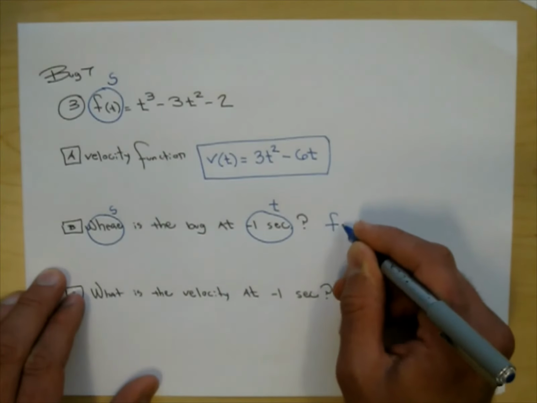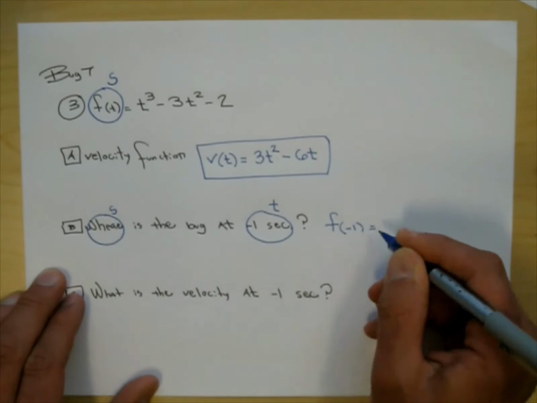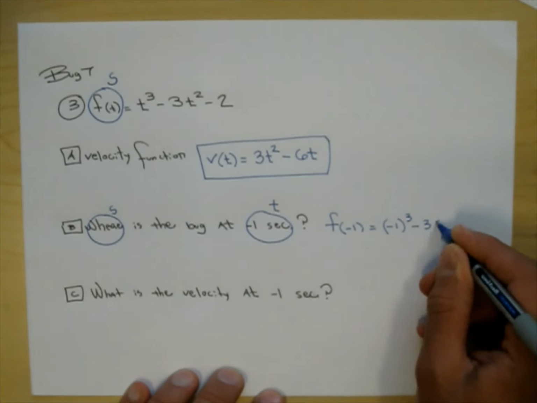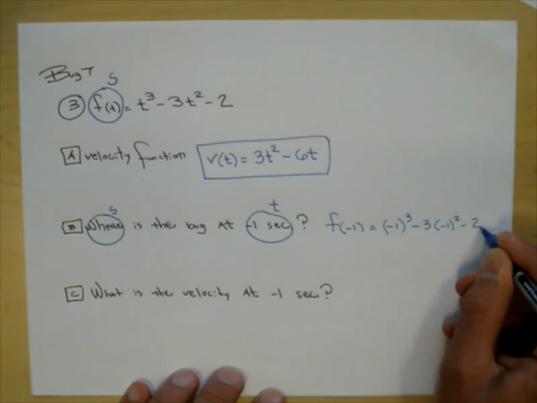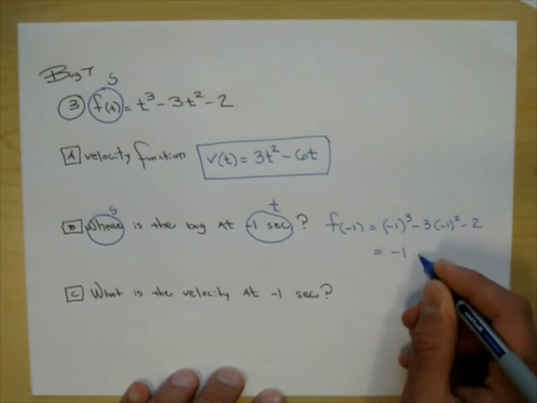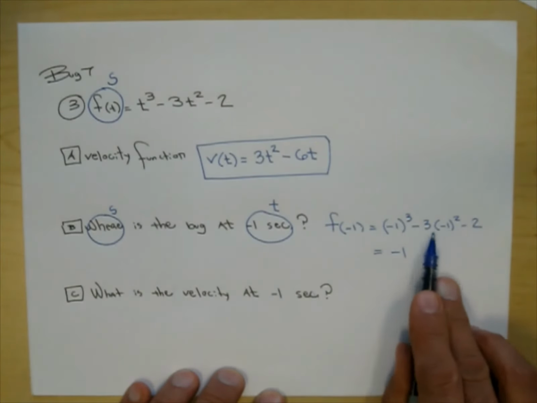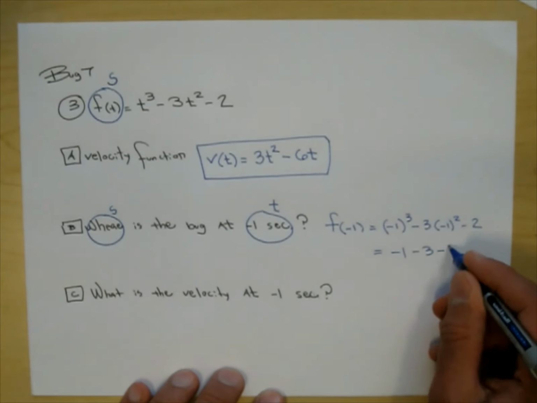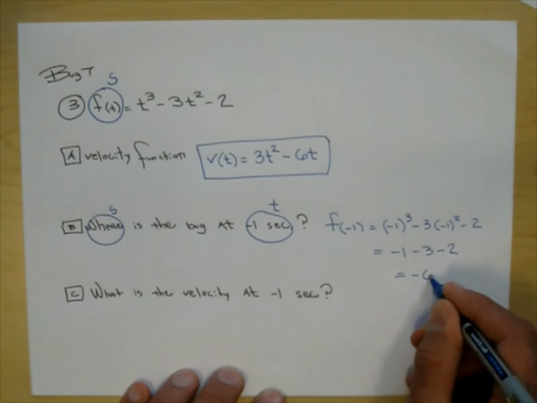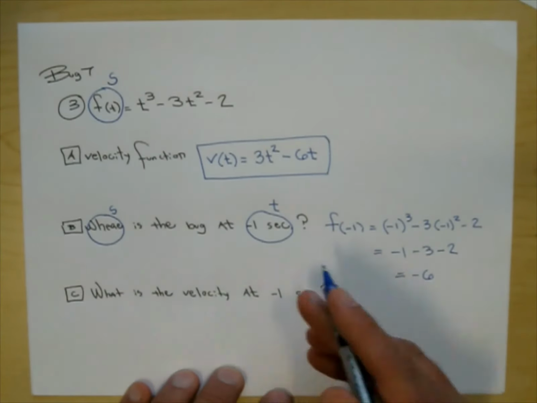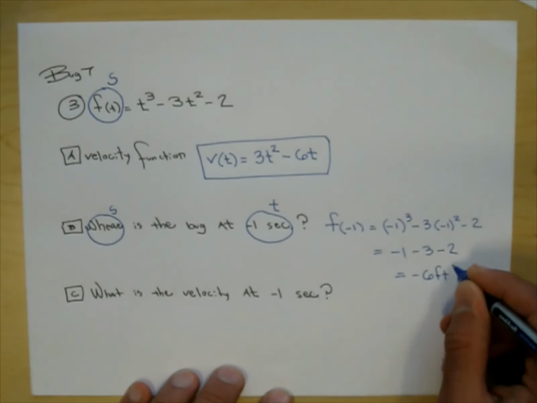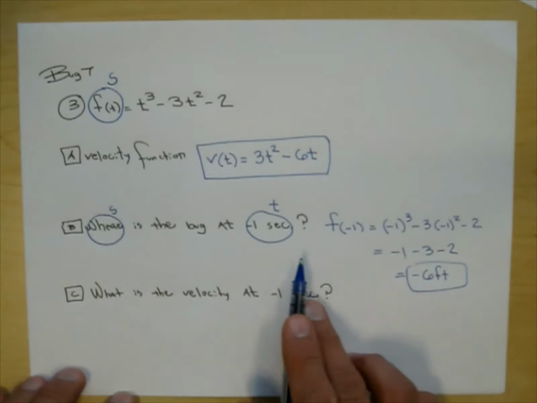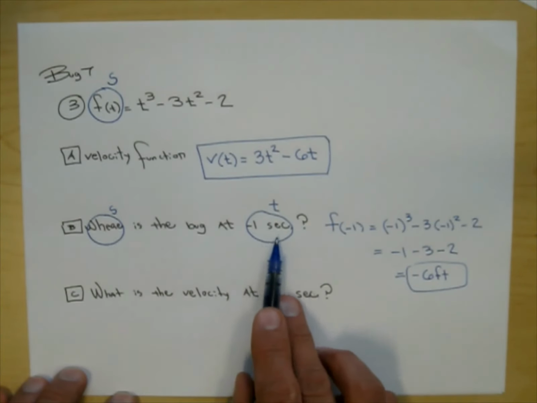So f of -1 is -1 cubed minus 3 times -1 squared minus 2. So this is -1. That's +1. So this is going to be -3 minus 2. So this gives me -6, where? Feet. So the bug is at -6 on the number line at -1 second. And -1 second means 1 second ago.